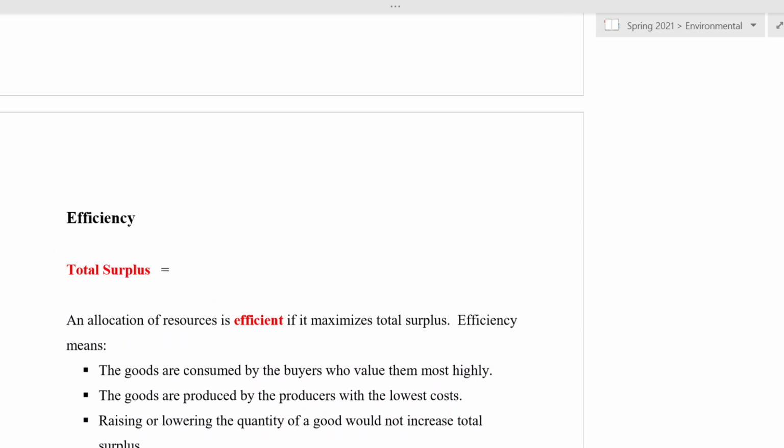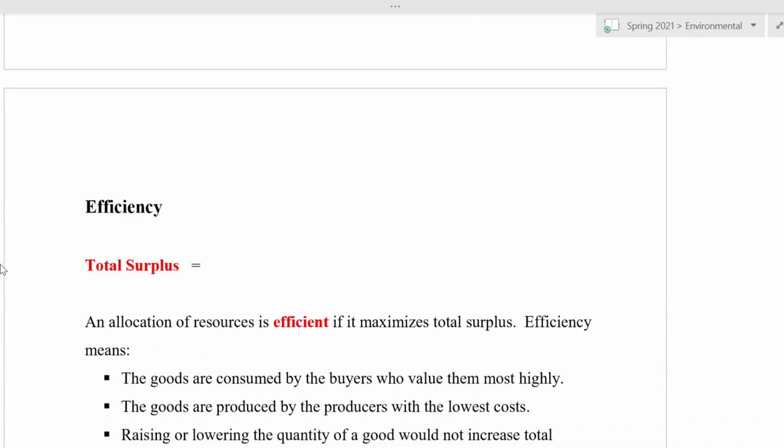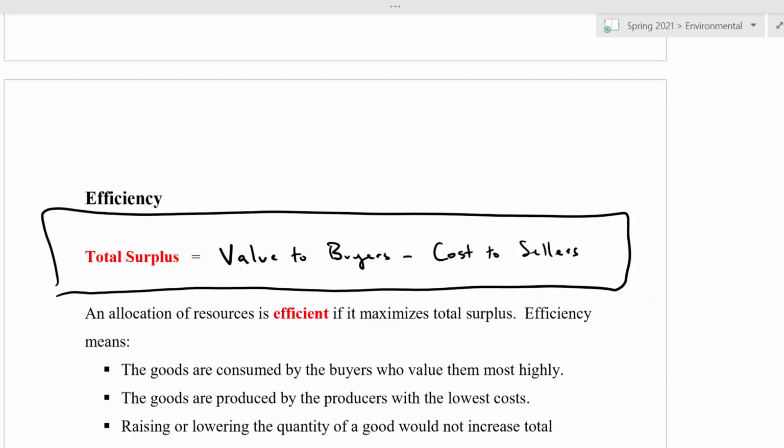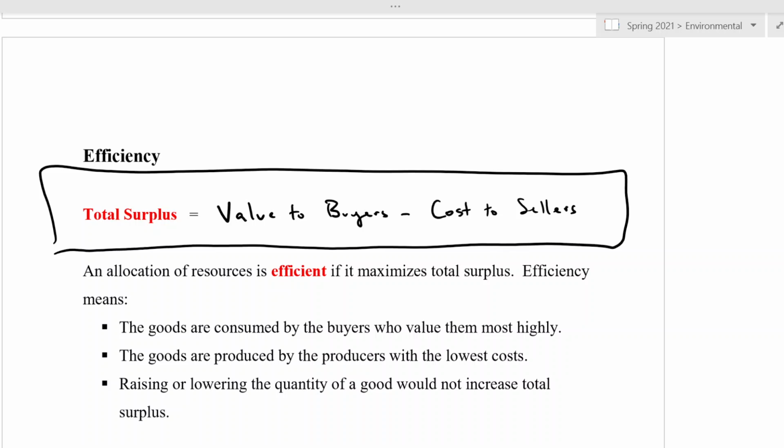As with many things, definitions matter. Remember, total surplus is value to buyers minus the cost to sellers. And we're going to define an allocation of resources as efficient if it maximizes total surplus.